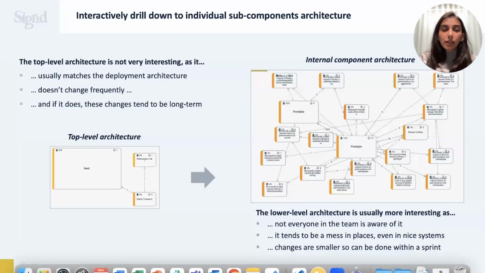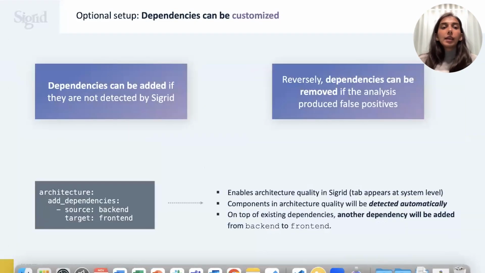So this is the first thing. Then the second thing is that with architecture quality, we have a lot of customizations that you can do, which with maintainability you don't have that much freedom, but with architecture quality, you have.